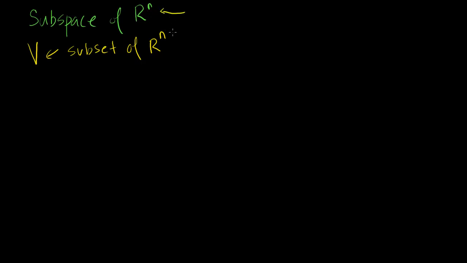Sometimes we visualize it as multi-dimensional space, but if we wanted to be as abstract as possible, it's the set of all x1, x2, all the way to xn, where each of the xi's is a member of the real numbers for all of the i's. That was our definition of Rn. It's just a huge, infinitely large set of vectors.